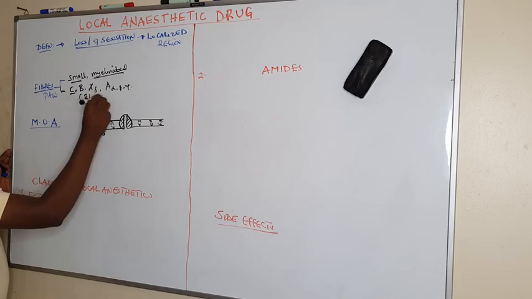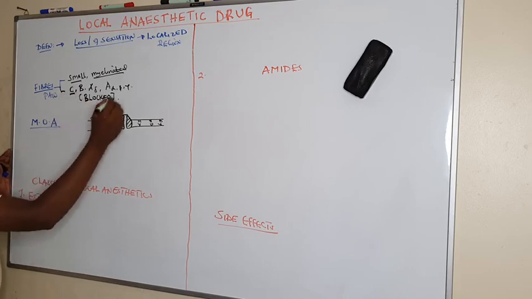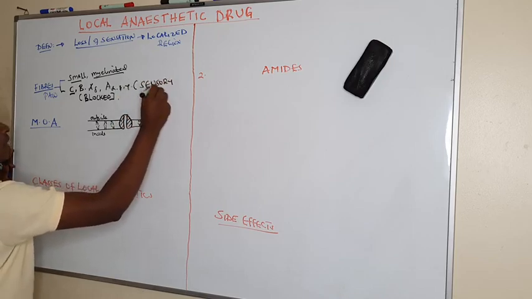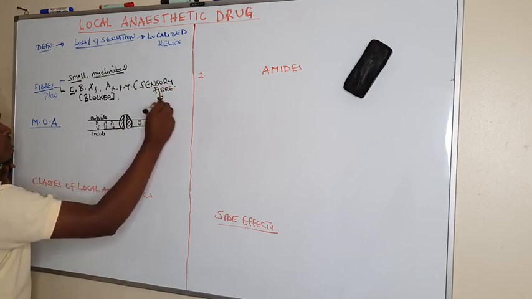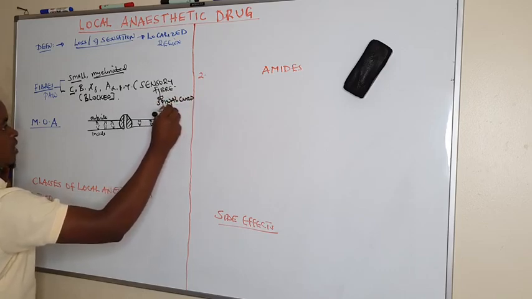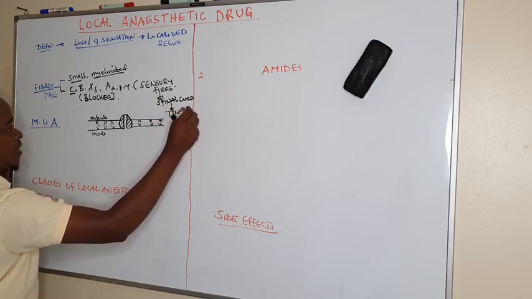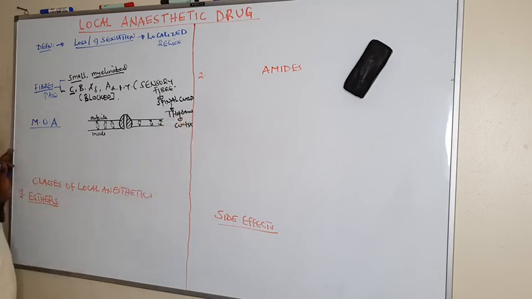So the first one to be blocked by these local anesthetics is fiber C, which are sensory fibers taking information to the spinal cord. From the spinal cord, it is transmitted to the thalamus part of the brain, and from the thalamus to the cerebral cortex where it is interpreted.